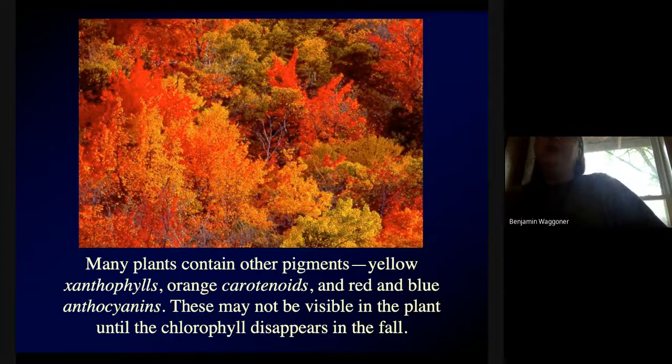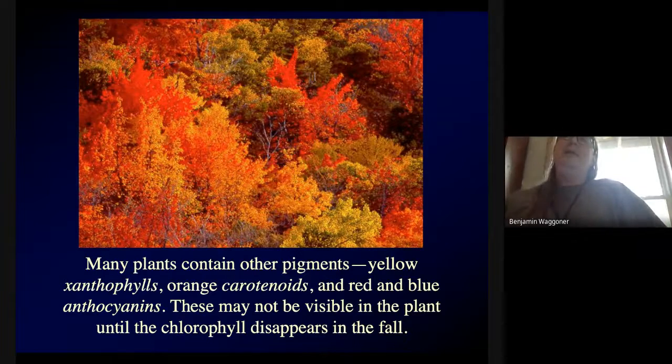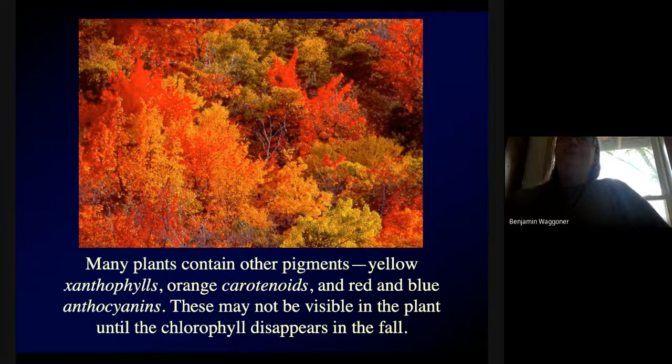These may not be visible in the leaves until fall, when the chlorophyll disappears. So they're always present in leaves of many plants. When it starts getting cool, the plant breaks down its chlorophyll, and you can see the other pigments that were always there.